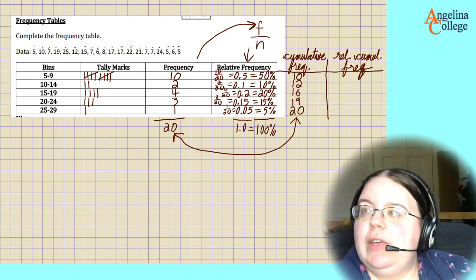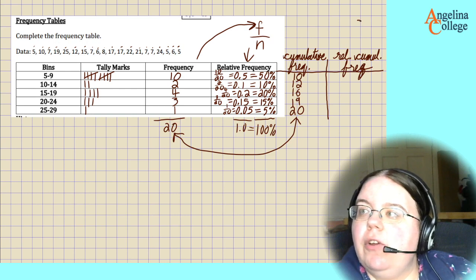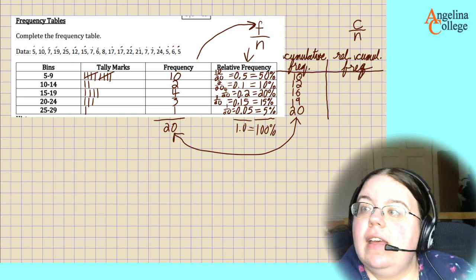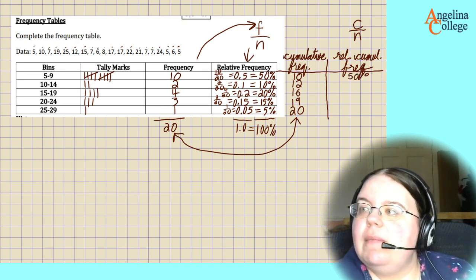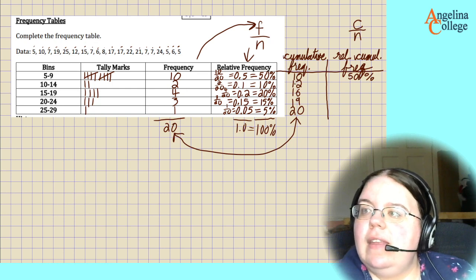Then relative cumulative frequency is just the current cumulative frequency divided by the sample size. So in that first line, it's going to be exactly the same. I'll just write the percent this time, 50%. In the next one, it's going to be a little bit different.